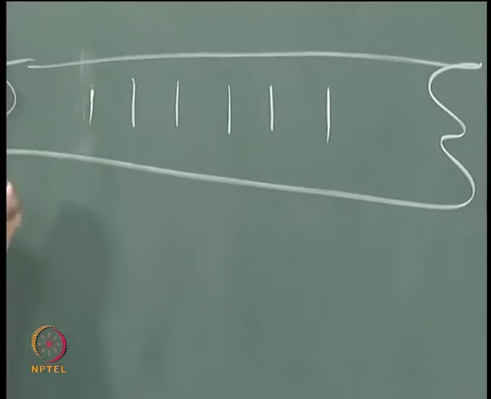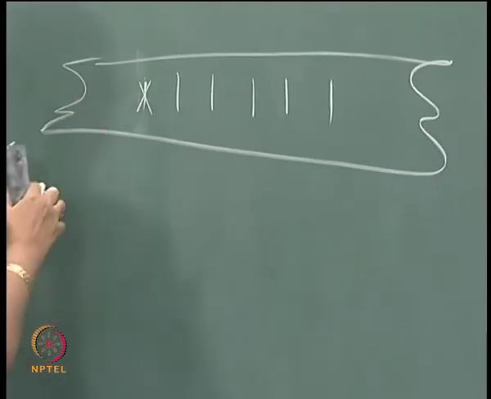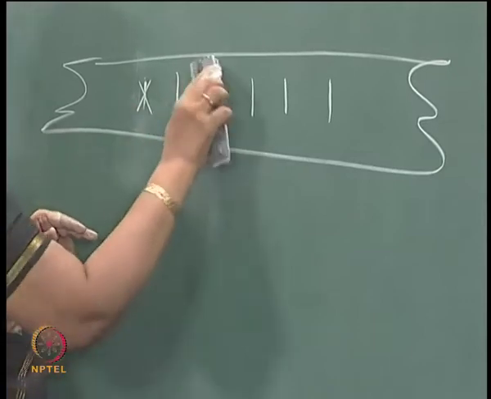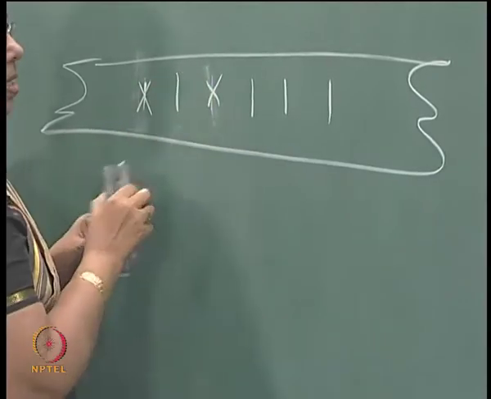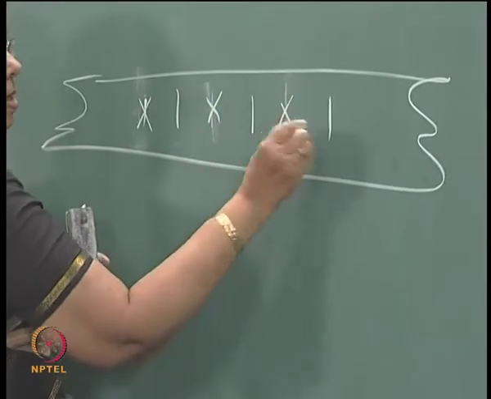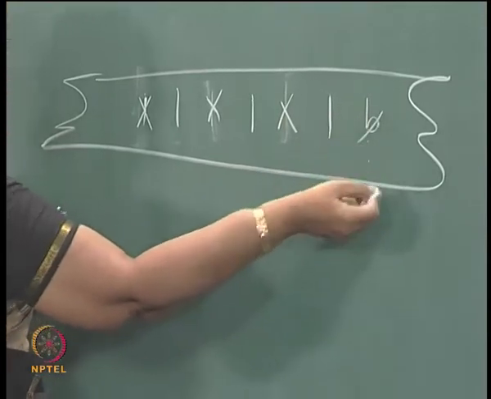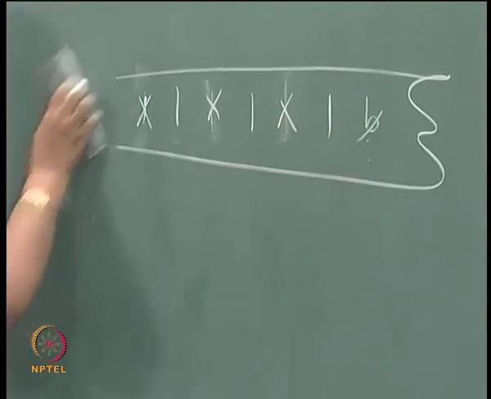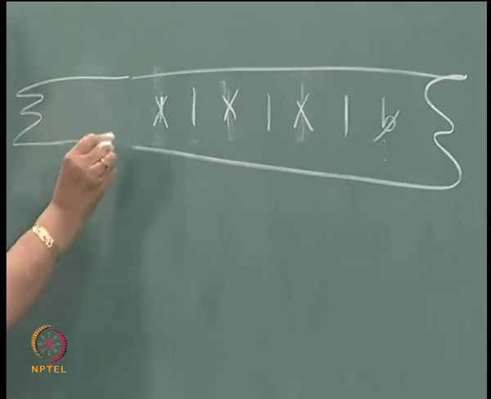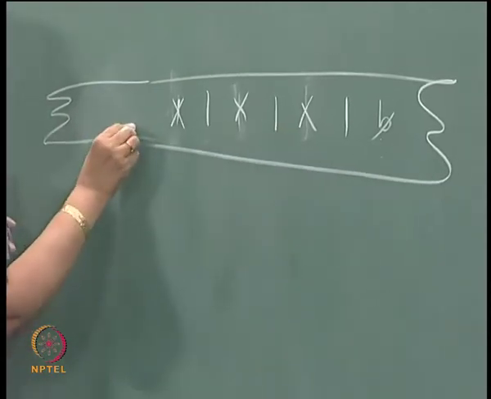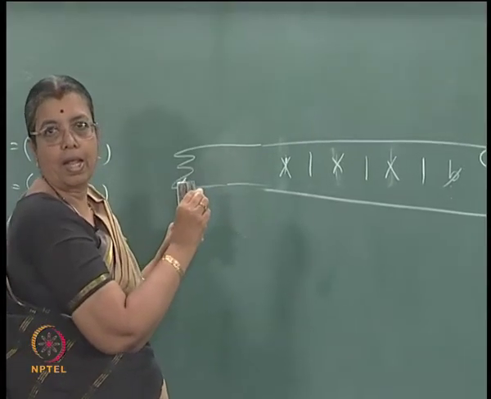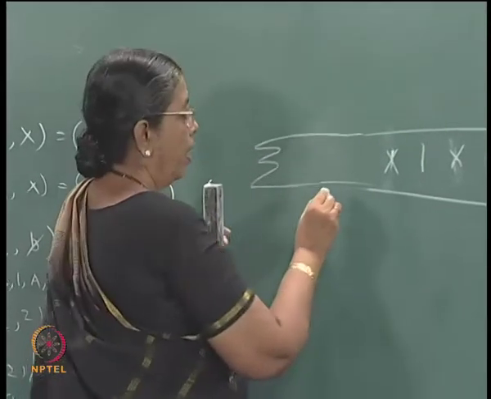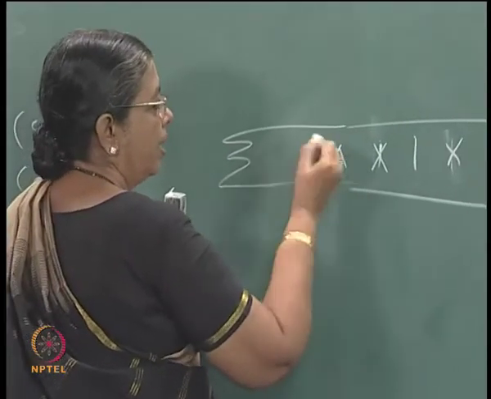If I have 6, then it will change the first one into X, leave this out, change this, leave this out. When it goes to the blank symbol, it realizes that it has come across even number of ones. So, it comes back in state Q2 and prints an A.